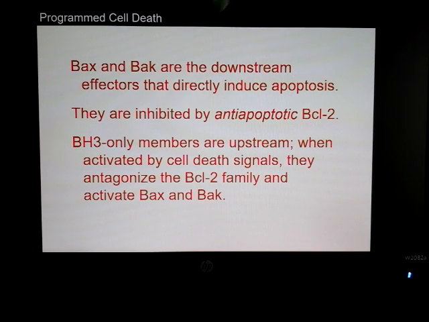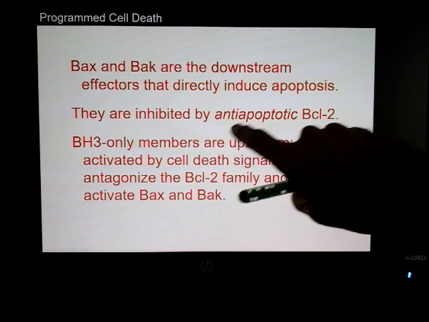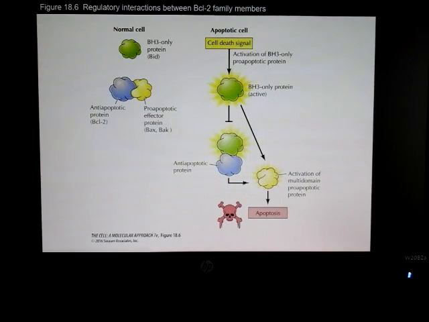So they're higher up in this cascade then. And when activated by death signals, they antagonize then these BCL2 and activate Bax and Bad. So if you inhibit or you have an anti-apoptotic situation, actually apoptosis then is going to occur.